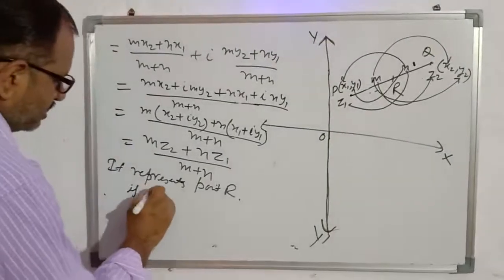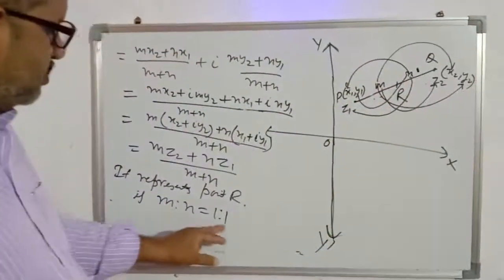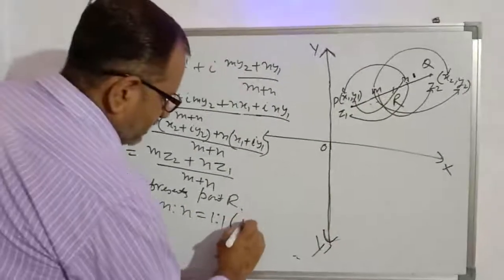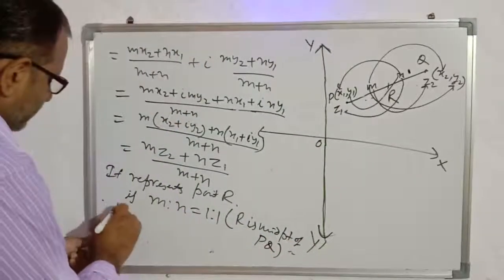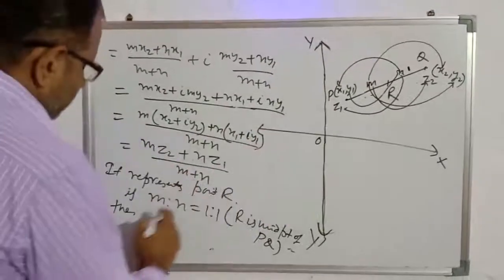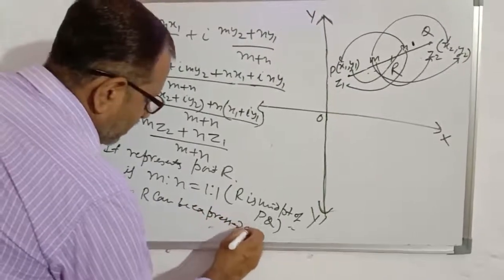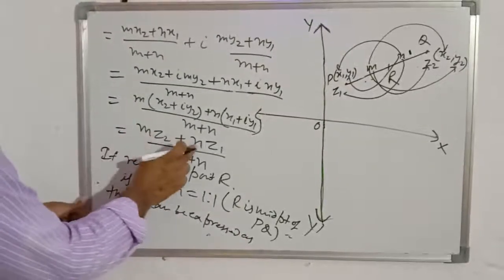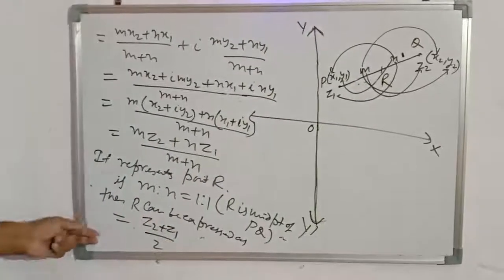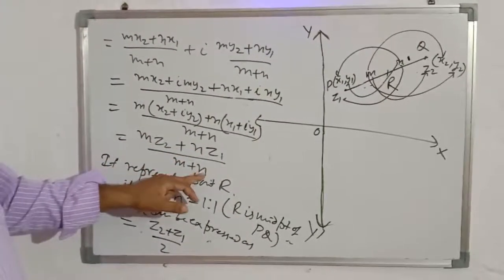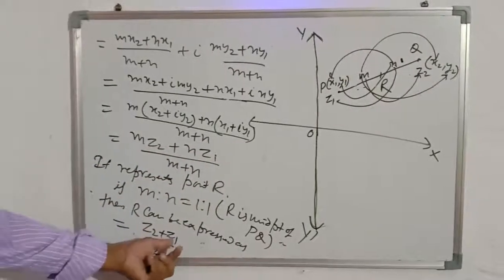If m and n are in the ratio 1:1, then R is the midpoint of PQ. Taking m is 1 and n is 1, R is Z2 plus Z1 upon 1 plus 1, that is, Z2 plus Z1 by 2.